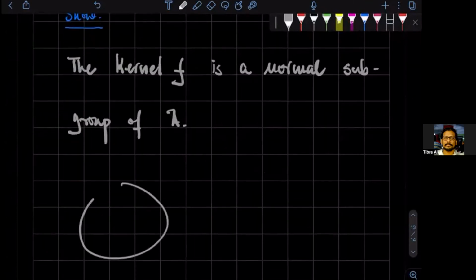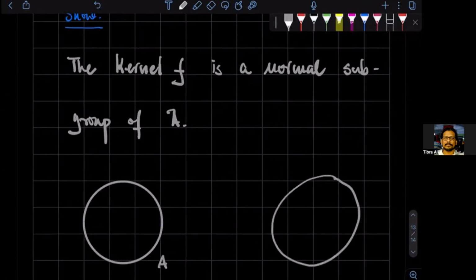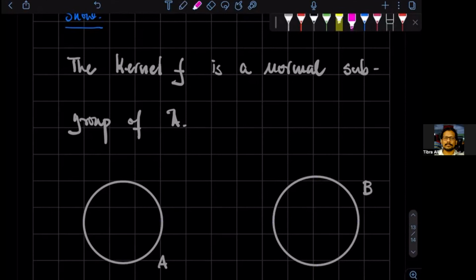Again, let's draw some pictures. Say this is A, and say this is B. What is the kernel? The kernel is the subset of A that maps to the identity element in B.